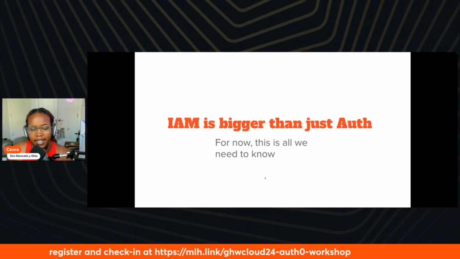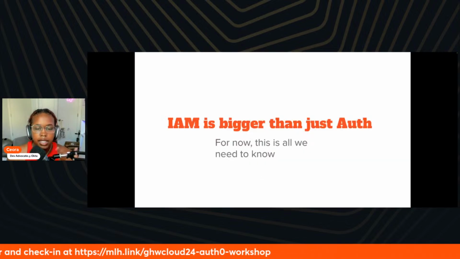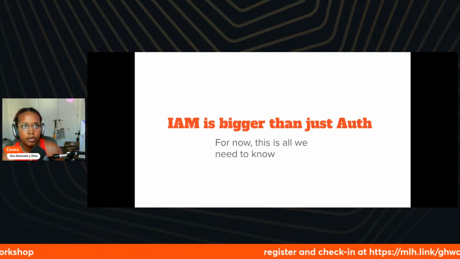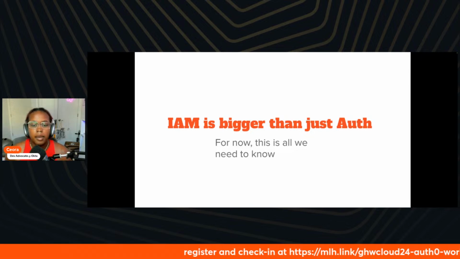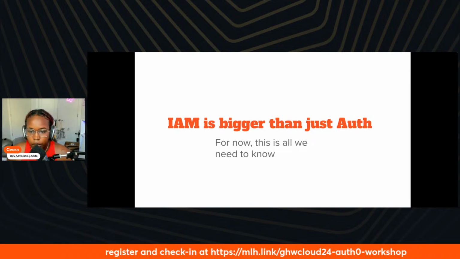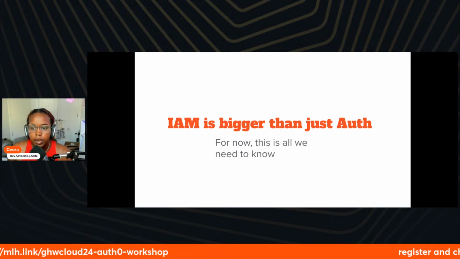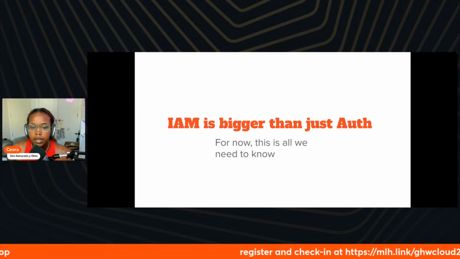And like we said, identity access management is much bigger than just auth. There's so much that goes into it. Authentication and authorization involve a lot of different security protocols. Outside of just authorization and authentication, you have to put a lot of protection in place for any kind of application that's handling personal information to make sure those things don't get leaked, don't get shared.